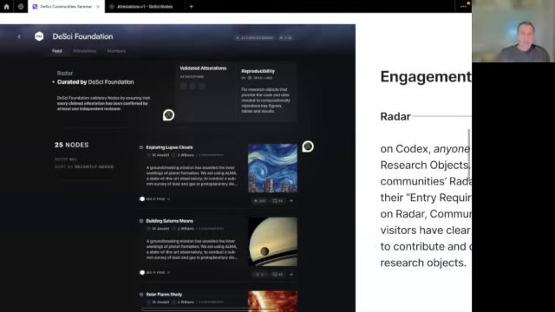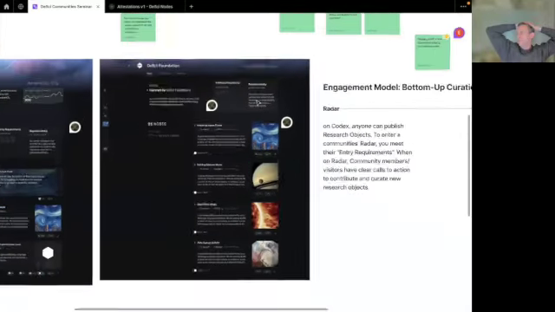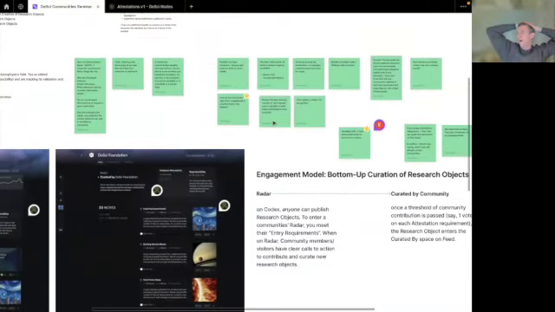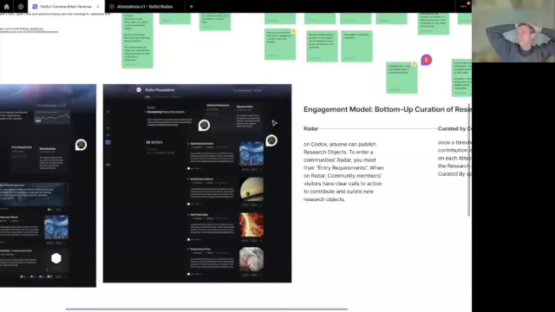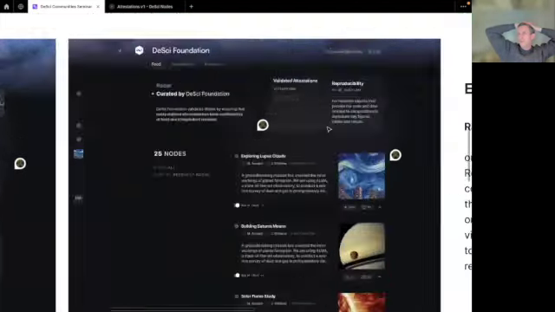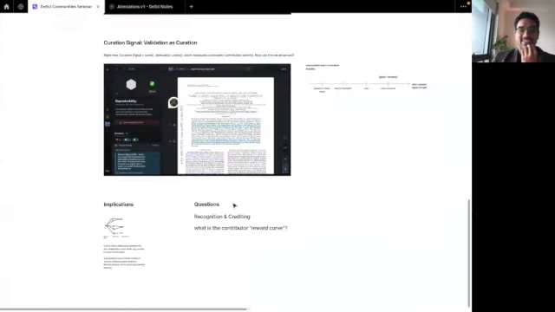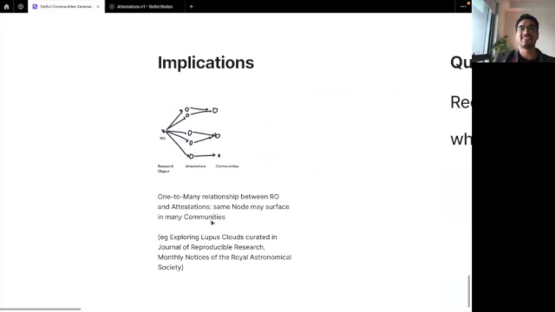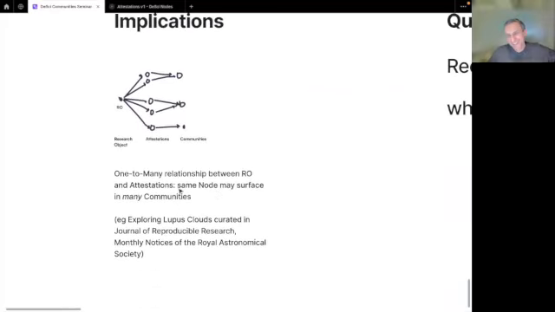One more question, this is purely conceptual. In our model, would it be possible that the same research node is being shown or featured in several different feeds? Yes, that was one implication I wanted to stress. One implication of the journal submission model, especially because of its long cycles, is that you typically publish in one place, or you're curated in one place.